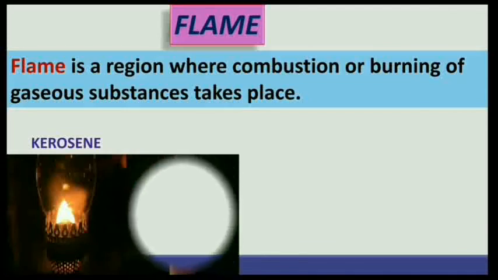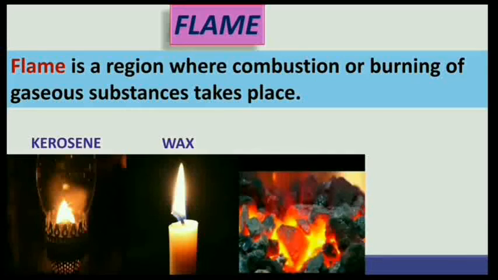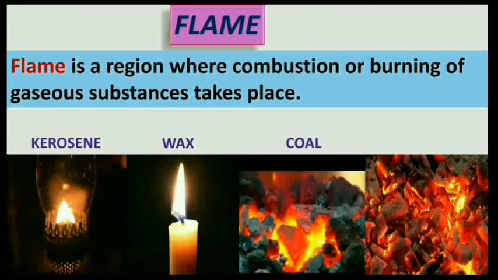Wax. On burning of a candle, flame is produced. We can see the flame. On burning of coal, we can't get a flame. Coal doesn't burn by producing a flame. It just glows. Same with charcoal, it just glows. It doesn't produce any flame.